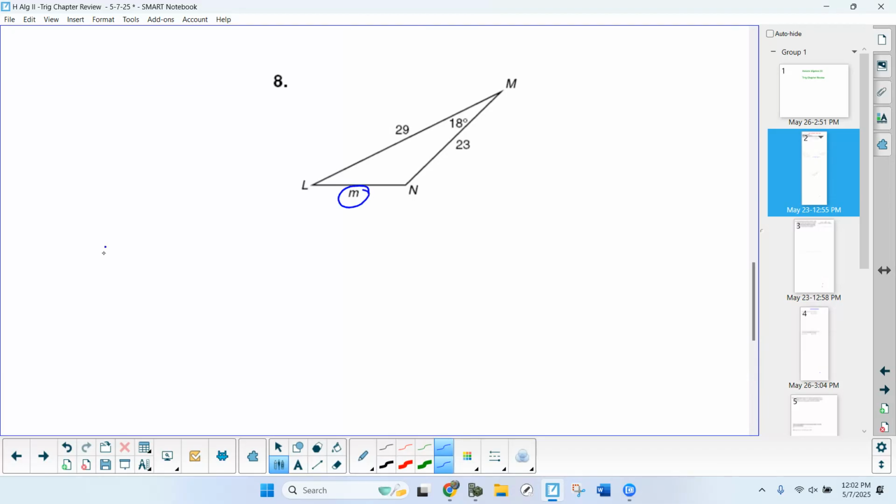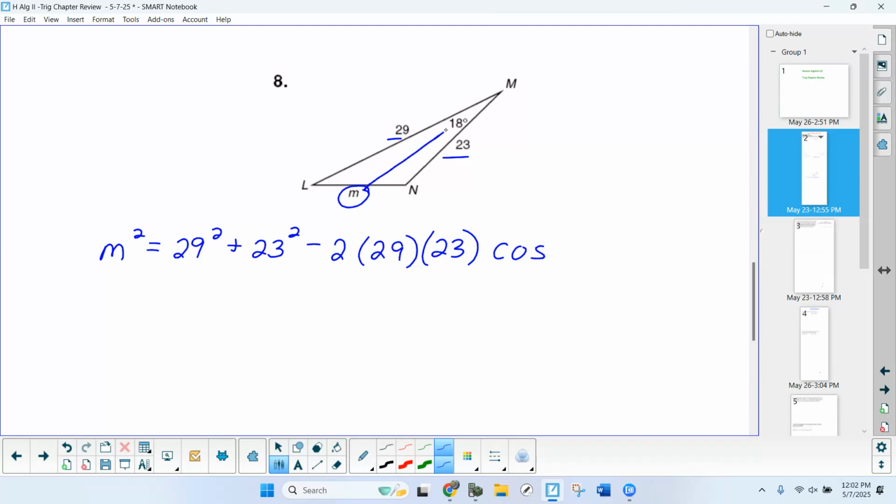guys, be quiet. You're going to have M squared equals. And now you're going to tell me what, Jack? 20 squared plus 29 squared. Uh-huh. Minus 2 times cosine of what? 18.